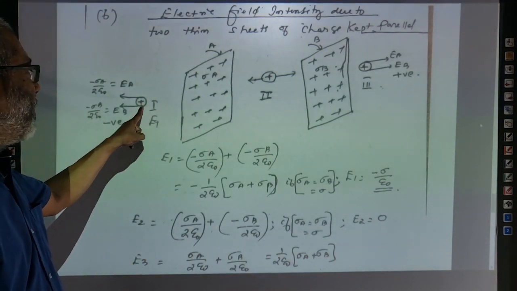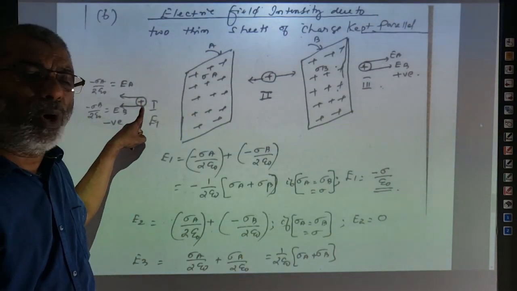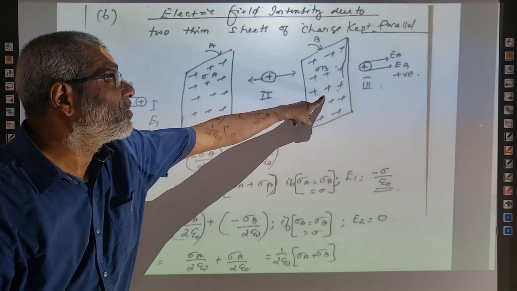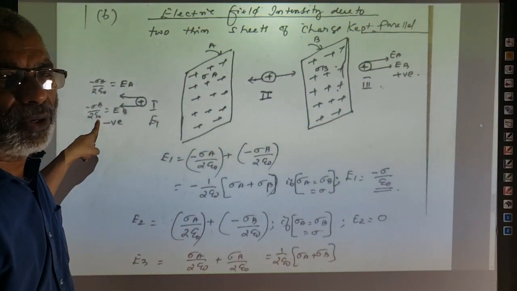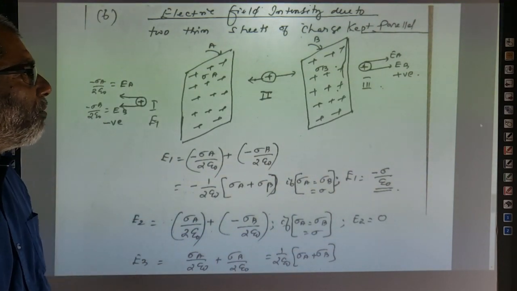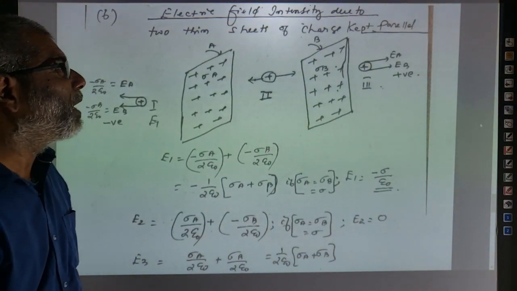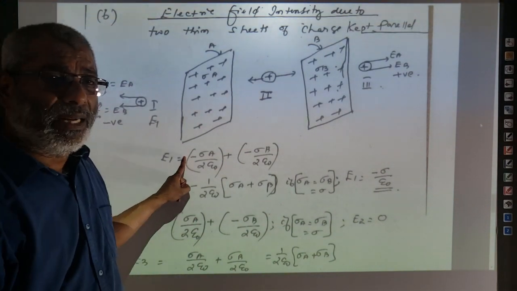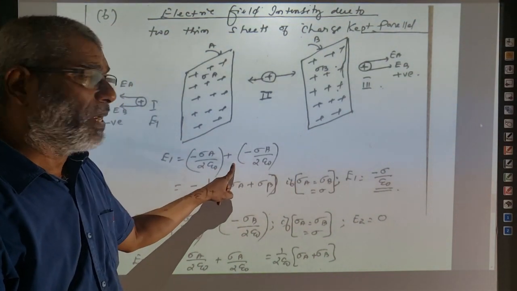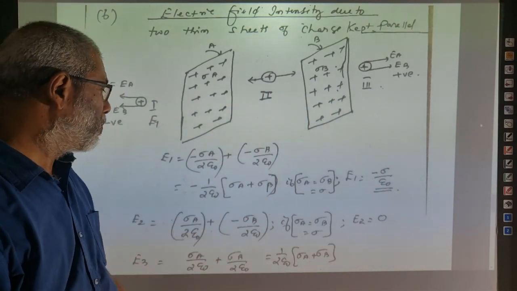And also the intensity of electric field at region number 1 due to the other sheet is equal to minus sigma B divided by 2 epsilon 0, because the intensity of electric field does not depend on distance. Am I correct? So E1 is equal to minus sigma A by 2 epsilon 0 plus minus sigma B divided by 2 epsilon 0.